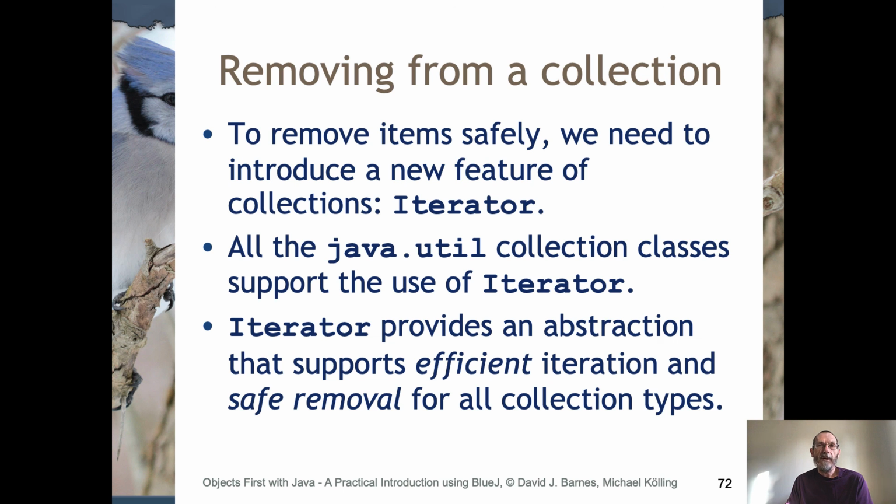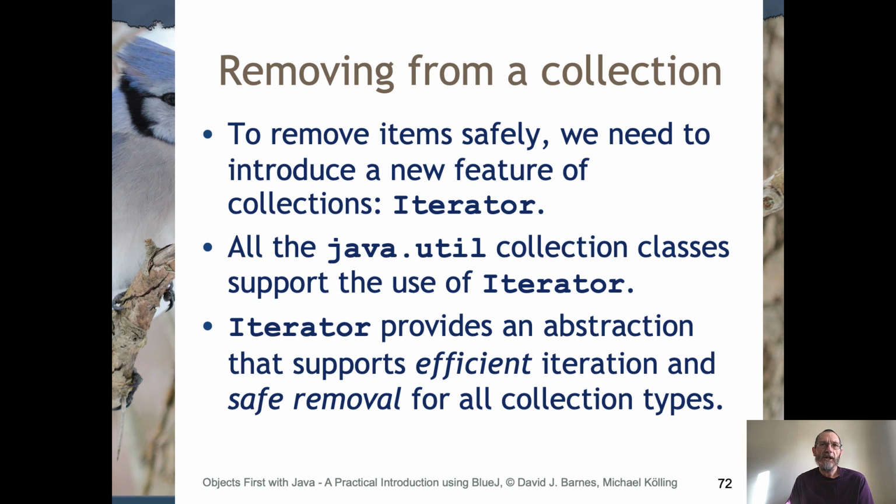Now, I'm describing iterator as an abstraction because the implementation of that abstraction differs for each particular type of collection that we might want to use it with. So we've seen that LinkedList gives us relatively poor performance when we want to use an integer index in order to iterate through it, in contrast to an ArrayList.